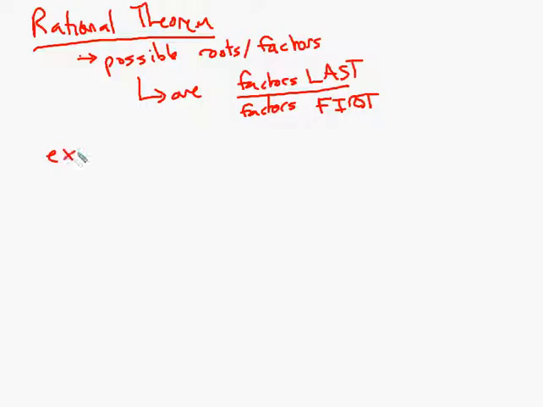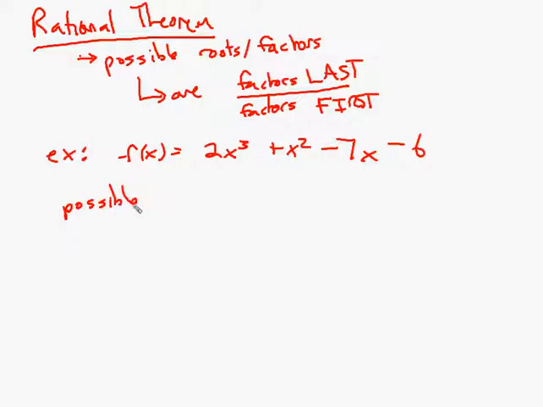So let's say, for example, I give you f of x equals 2x cubed plus x squared minus 7x minus 6. And I want to know, well, what are the possible roots? What are my possibles? I'm going to use the rational root theorem, which says that it's the factors of the last over the factors of the first.